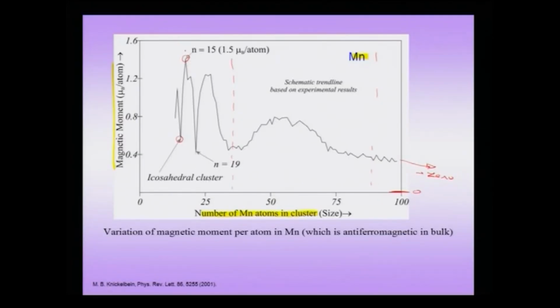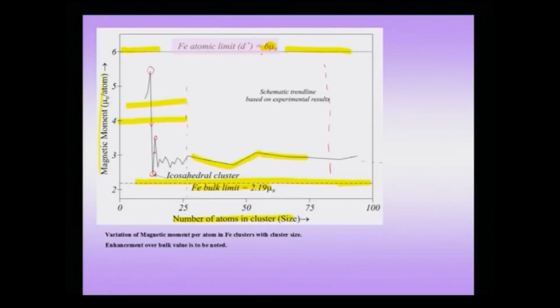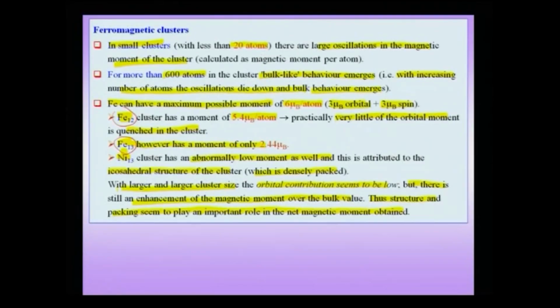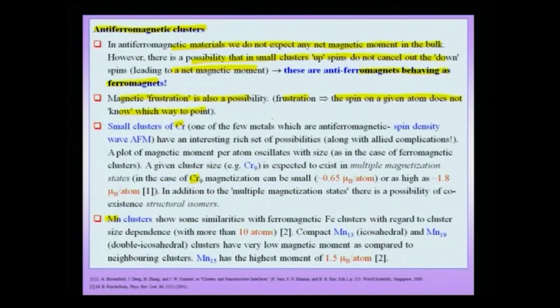But having noted that this very high is only about 1.5 mu B per atom, unlike the case of the ferromagnetic cluster, where we went up to a value of 5.4 mu B per atom, because these are not inherently ferromagnetic materials. These are antiferromagnetic materials which are behaving like ferromagnetic materials in the small scale regime.